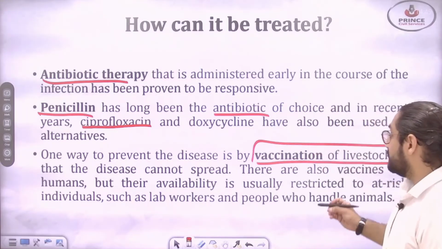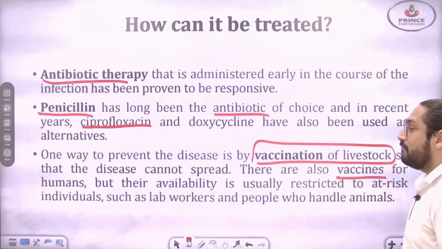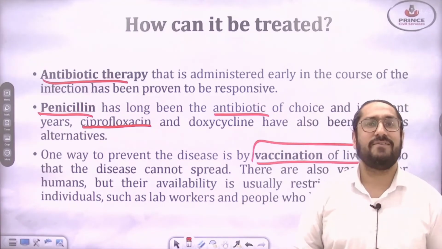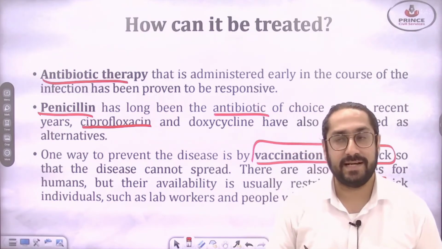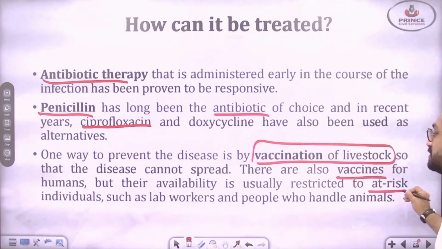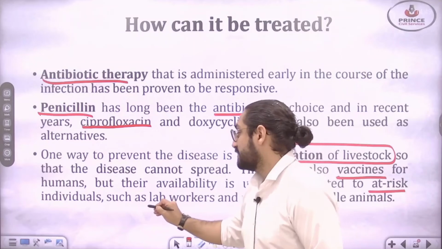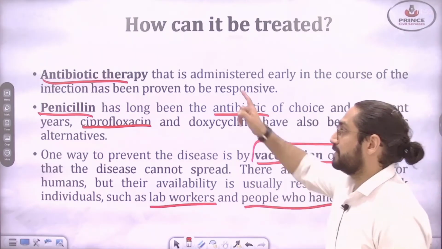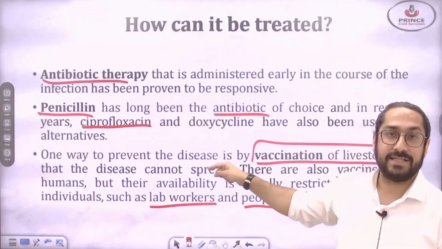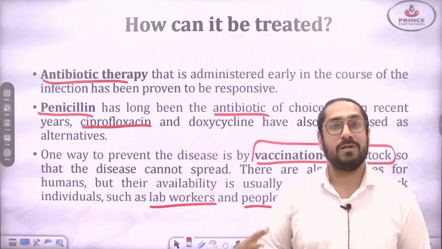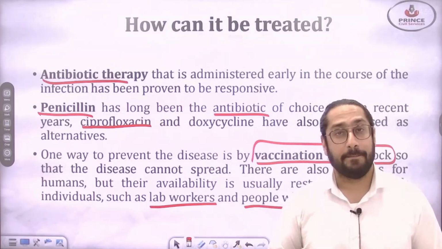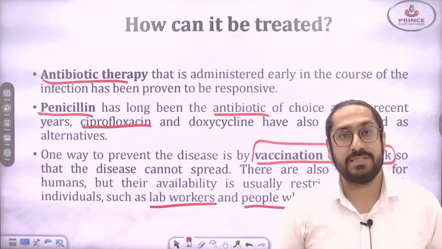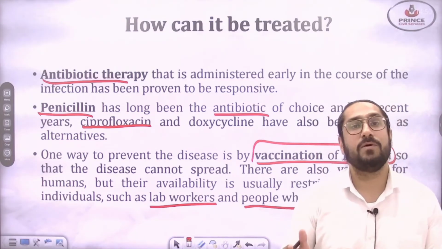And there is also vaccination for humans, but its use is restricted to high risk or at-risk individuals such as lab workers and people who handle animals. So there is a treatment, you can vaccinate the animals, and there is also vaccination available for humans, but this is used only for high risk individuals like lab workers and people who handle animals.